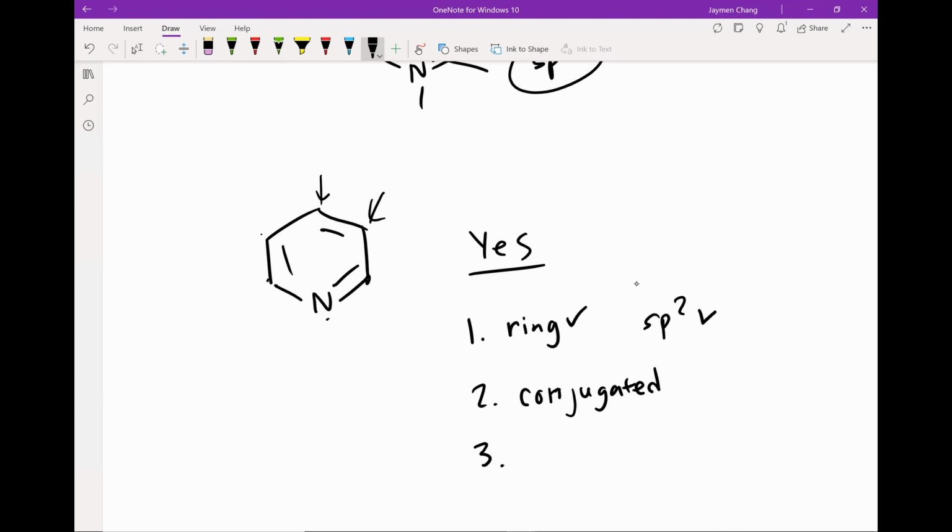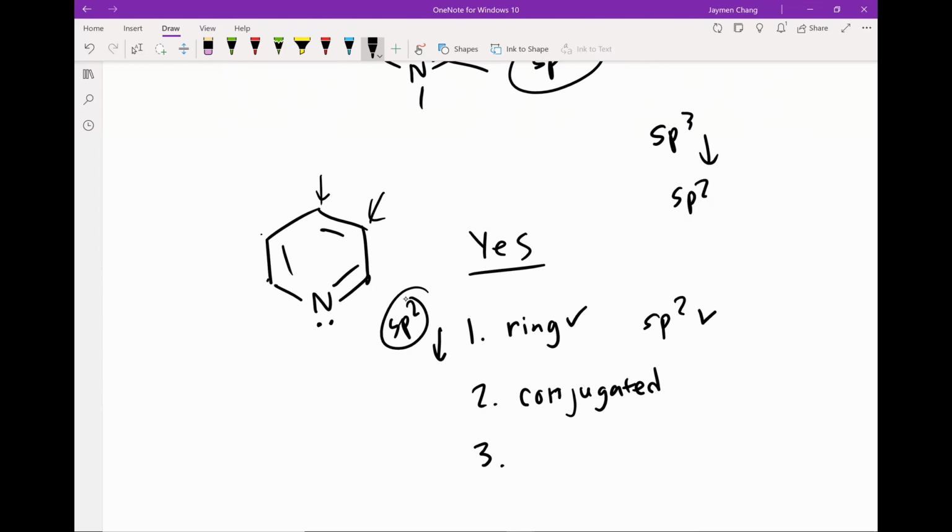And then lastly, three, we have the lone pairs on the side. Are these lone pairs actually included in the pi system? No, they're not, because we talked about it. If we're sp2 already, we can't go down one more level. Normally we see, okay, we have sp3, we can go to sp2.